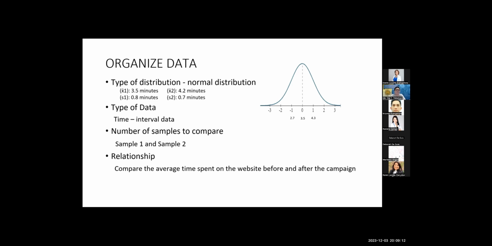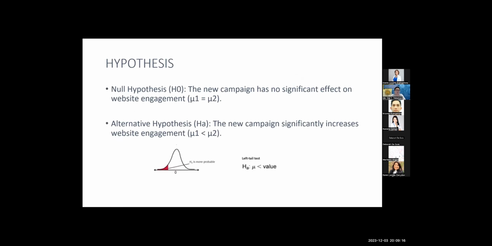So for the second step, we state the hypothesis. For the null hypothesis, the new campaign has no significant effect on the website engagement. And the alternative hypothesis, the new campaign significantly increased website engagement.